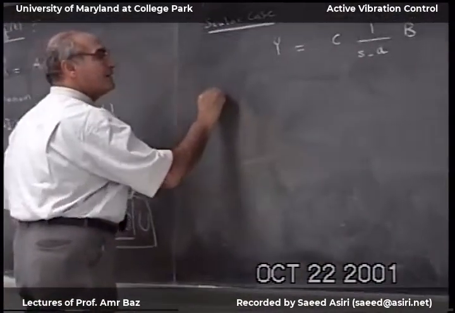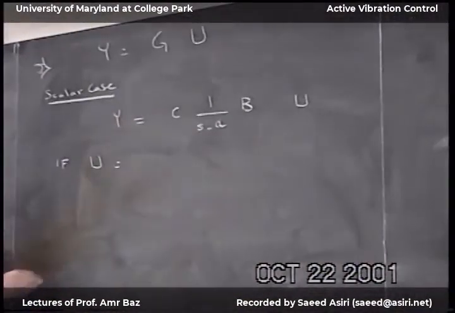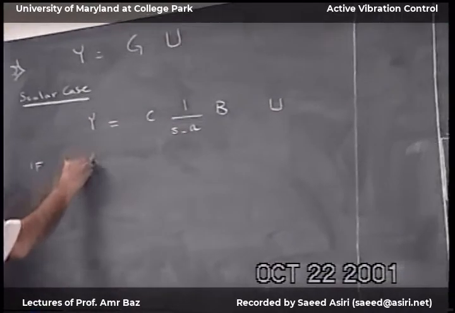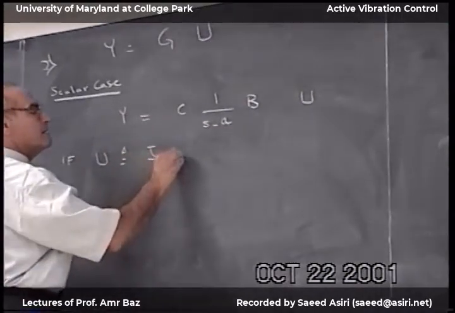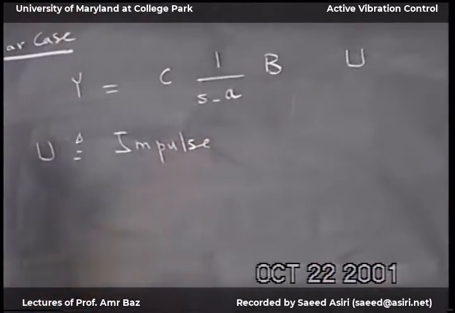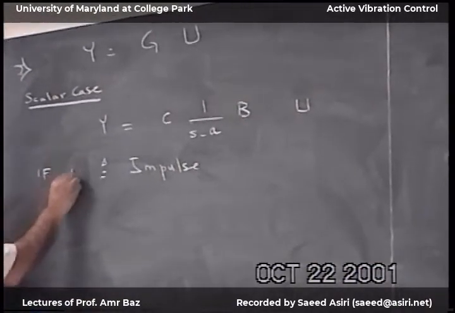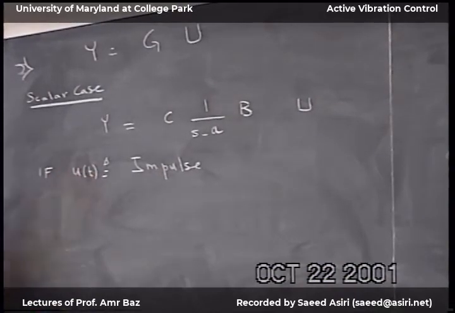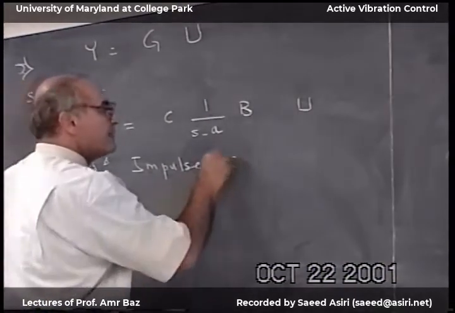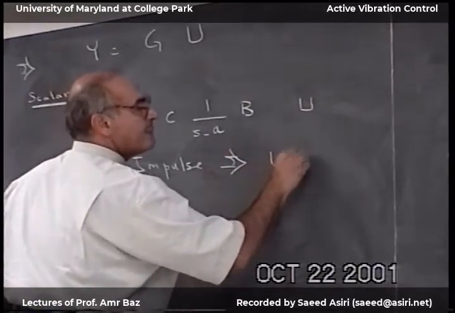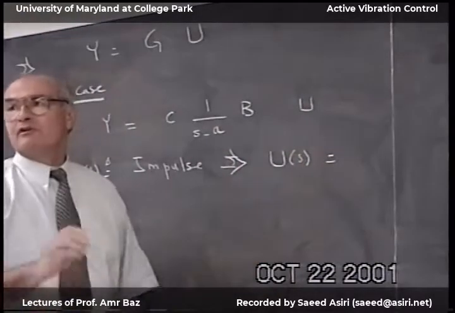And we'll look at if u is equal to an impulse. U in the time domain is an impulse, and then u in the Laplace domain will equal 1.